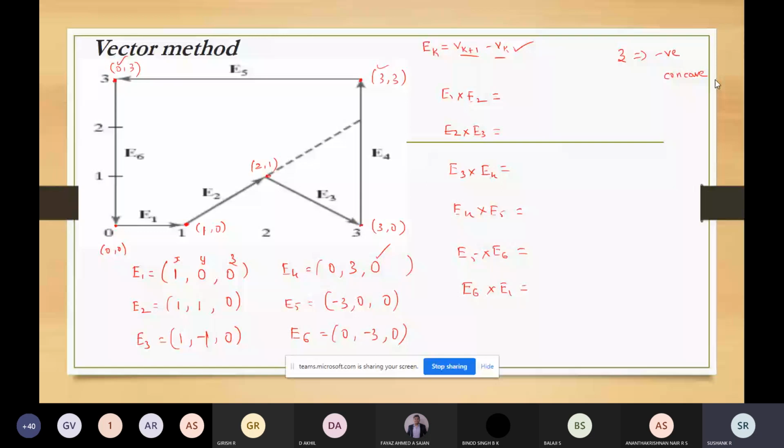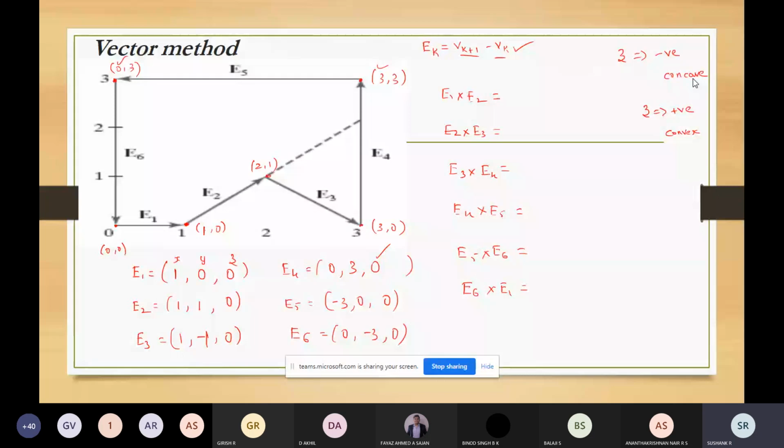If all six cross products, 1 2 3 4 5 6, are positive, then it will be convex. If it contains a negative, it is a concave polygon. So first we'll apply the cross product method.